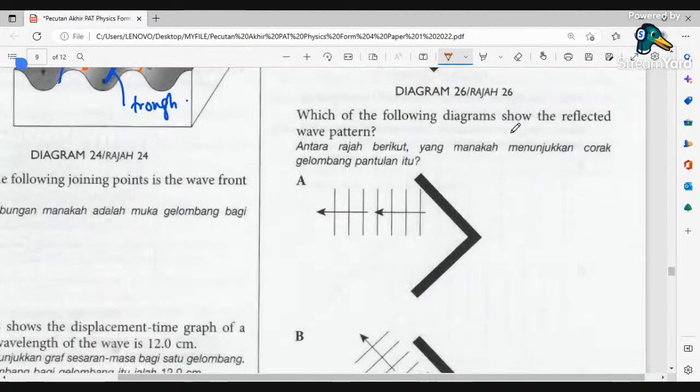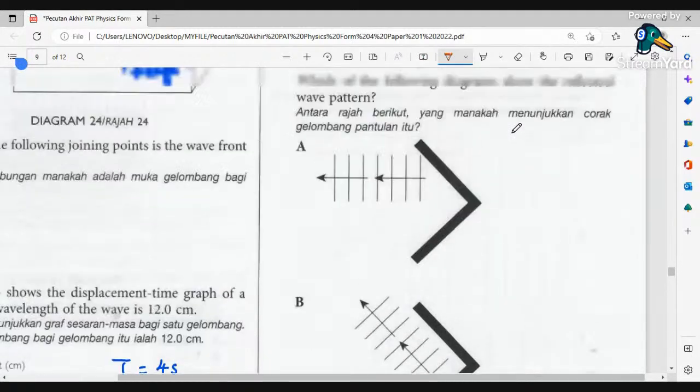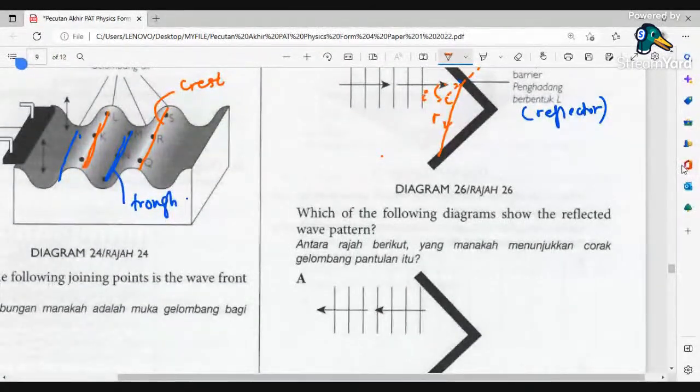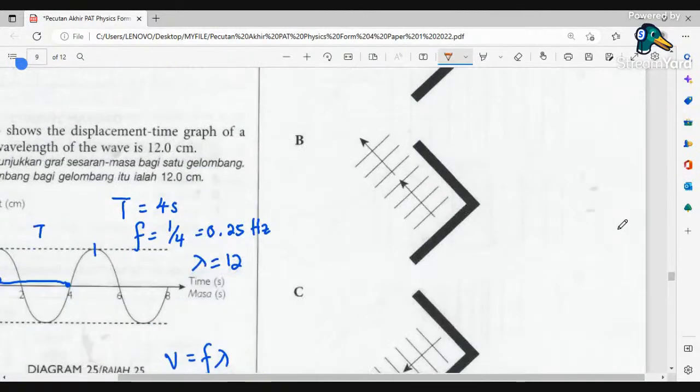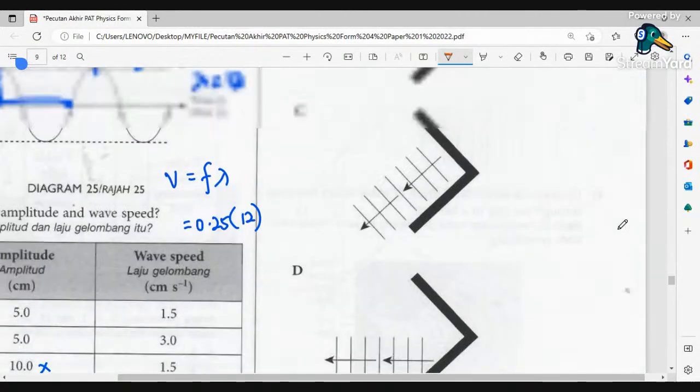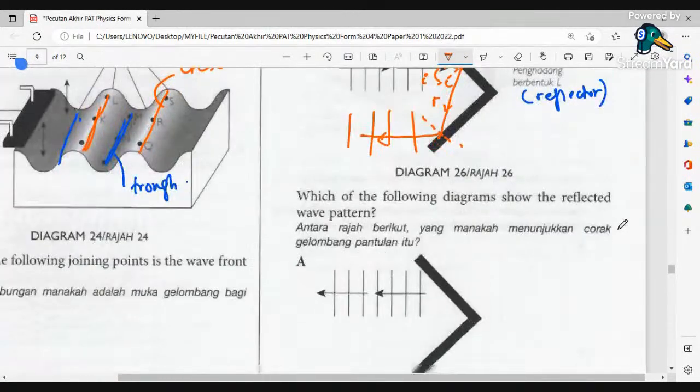Okay. Kalau dia touch lagi satu side, maksudnya you kena lukis lagi satu normal line sini. So dia akan pergi macam ni. Okay. So dia punya wavefront dah out. Mana yang paling dekat lah menunjukkan pattern.